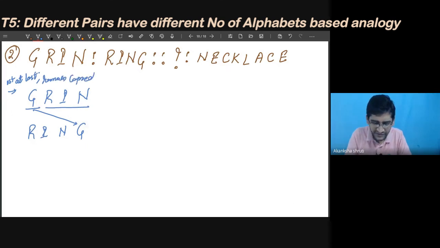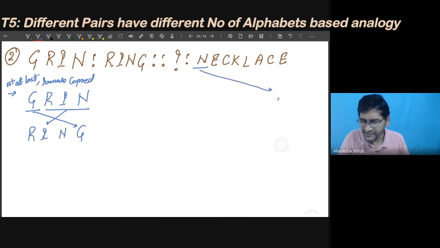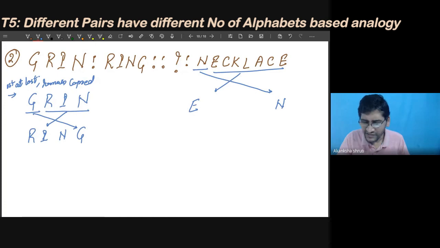Okay. So this is the one way that we can understand, and let us do this. So first at last means N should be written at the end, and all the remaining we may copy it. ECKLAC. This is one of the possibilities.